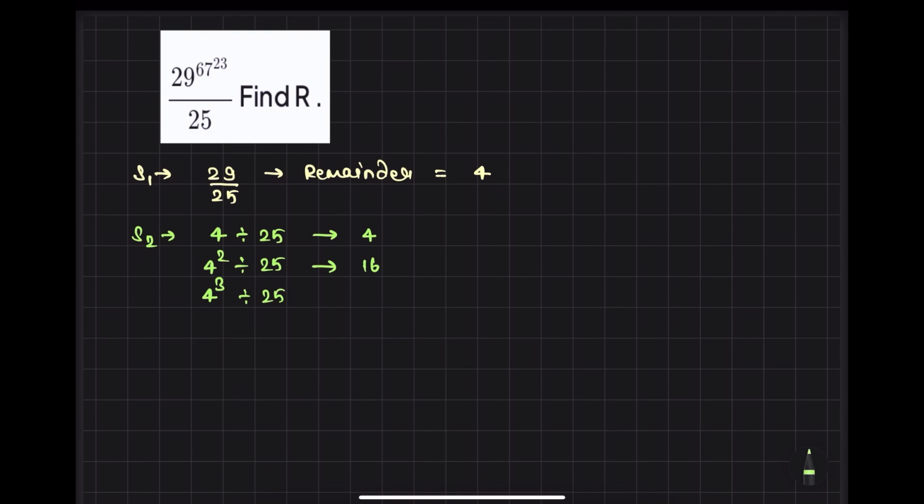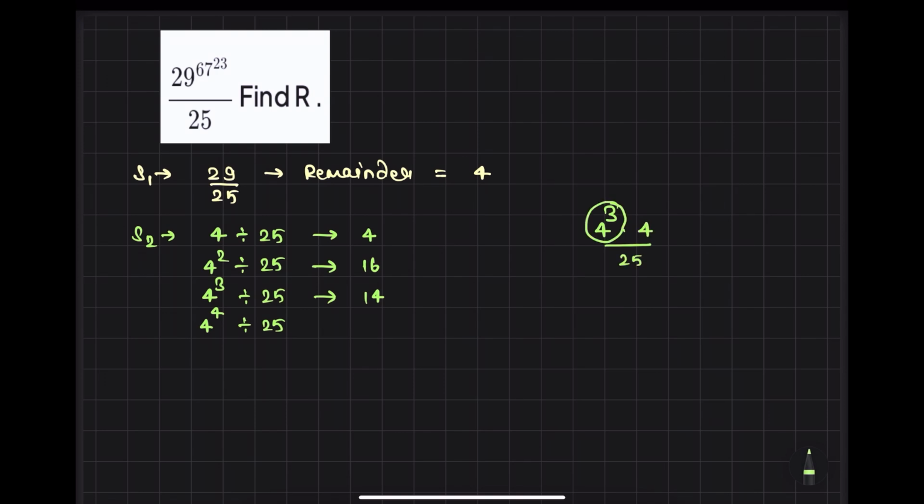If you divide 4 cube, which is 64, by 25, 14 is the remainder. Then 4 power 4. Now things are getting complicated. So what you have to do is write 4 power 4 as 4 power 3 into 4 divided by 25.